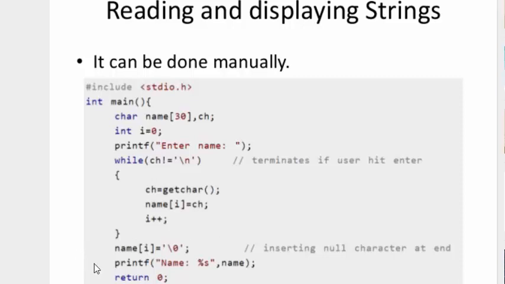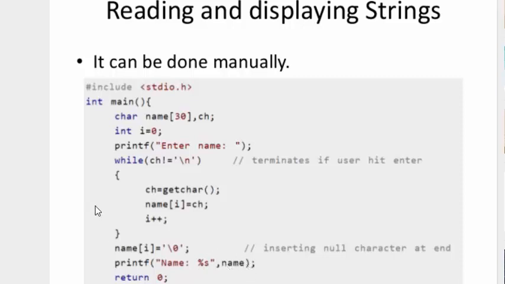At the end we are initializing the last index value as null, so that the compiler comes to know that this is the end of the string, and we are simply printing the string that we have read. For that we are using the format specifier %s for strings, and it will display all the elements stored in the name array.